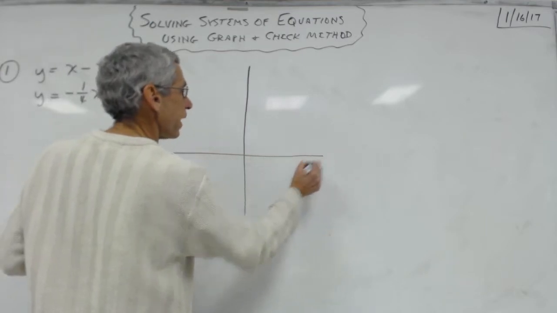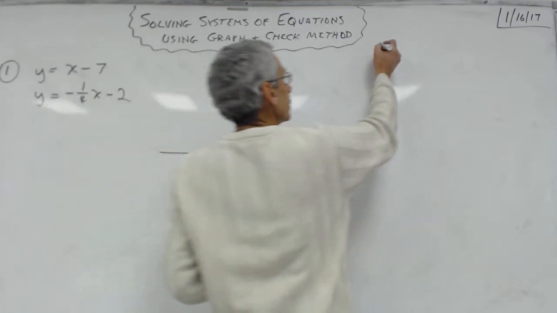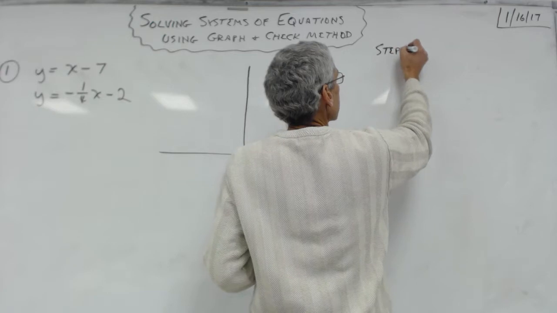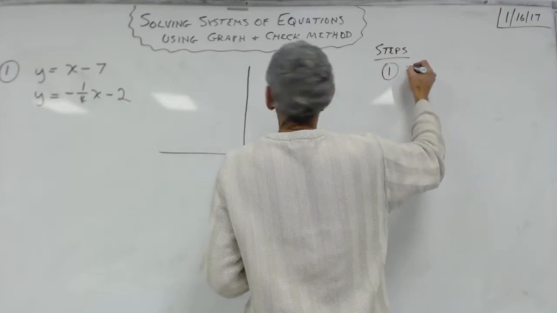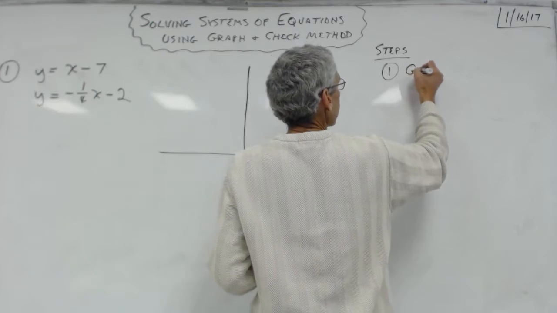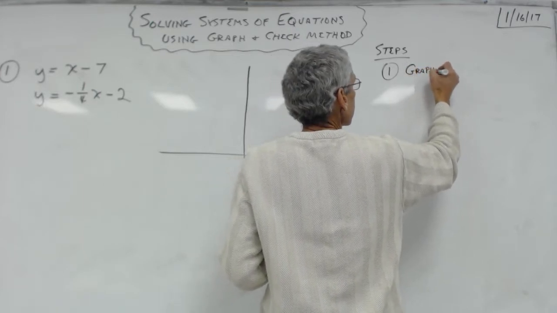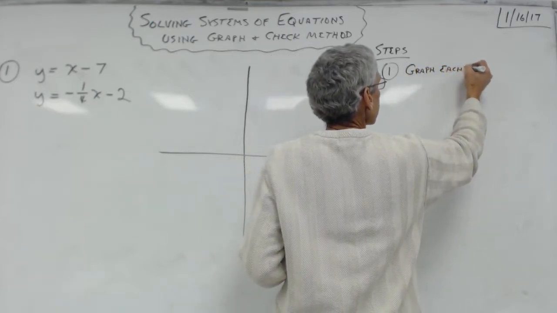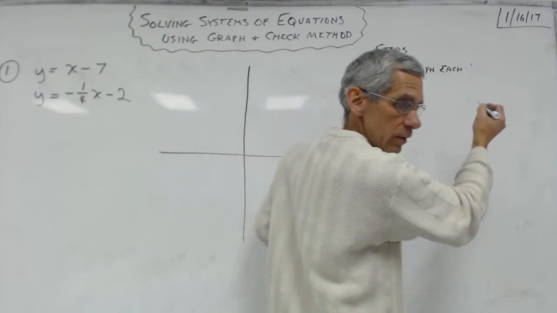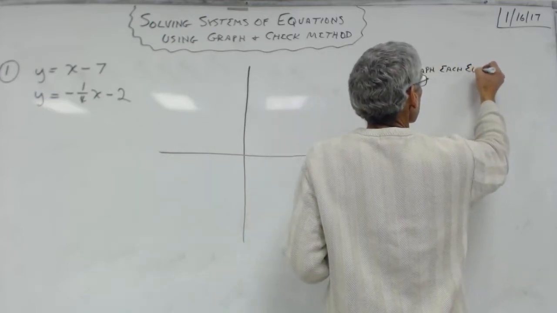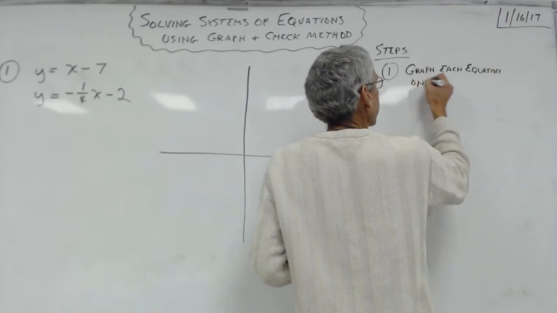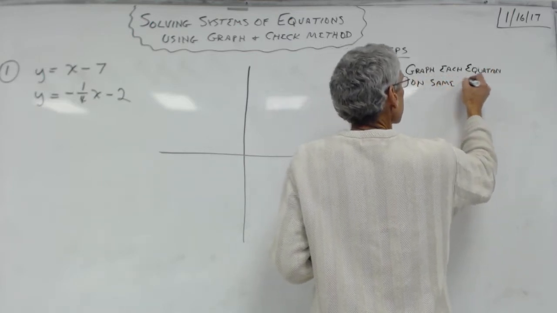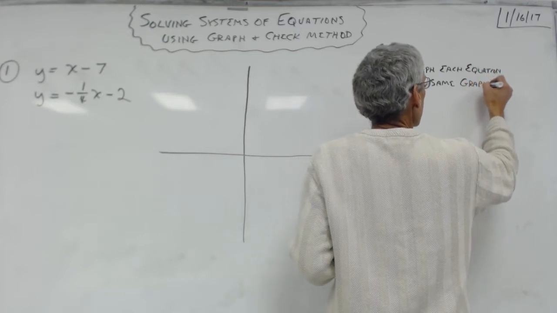So the first step, these are the steps, right? Number one is to graph each equation on the same graph. Right, on the same coordinate plane, right?